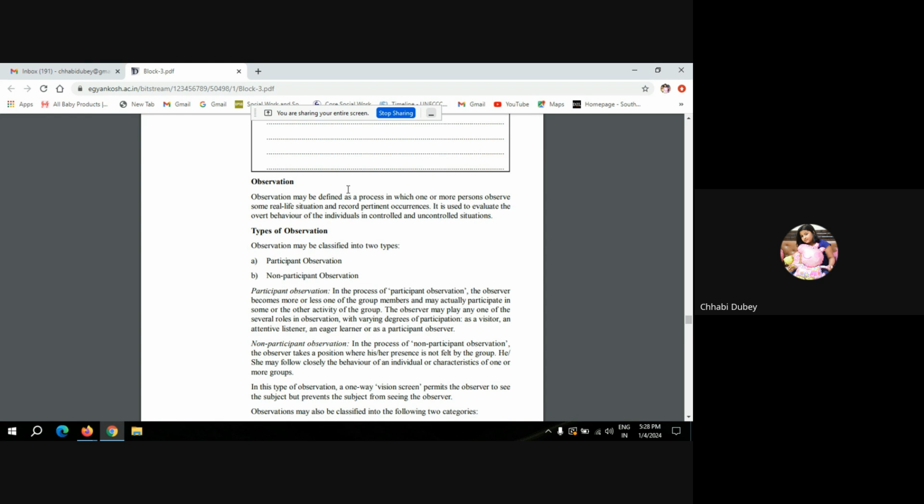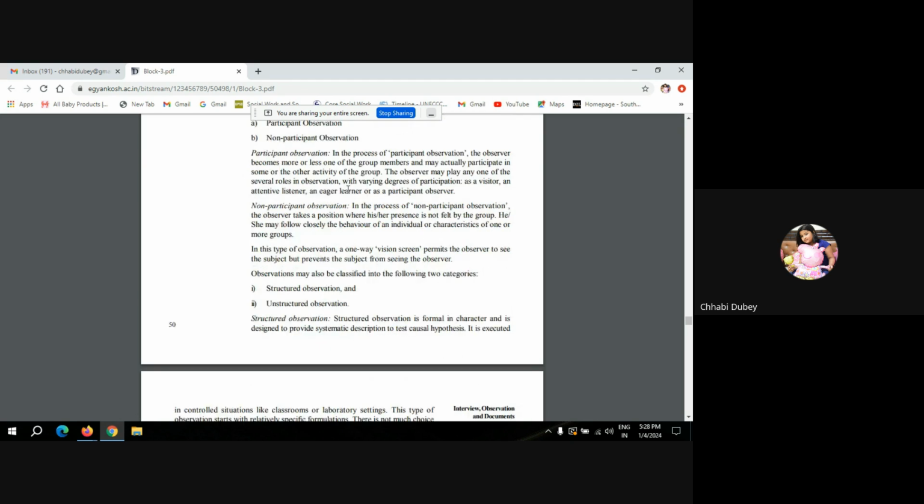So the researcher may become a part of that community and actively participate. The other type is known as non-participant observation, where the person who is observing does not participate in the group process. He maintains distance from the group, but follows the behavior of the individuals or the groups very closely.